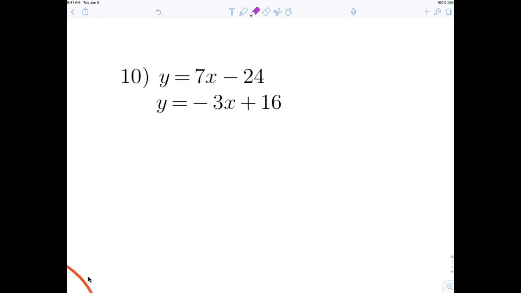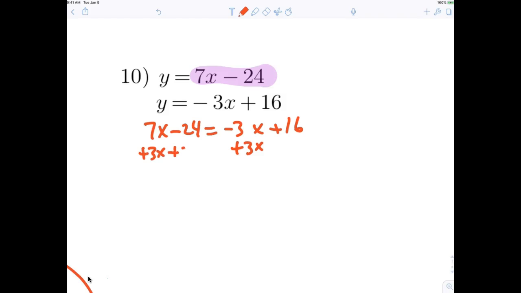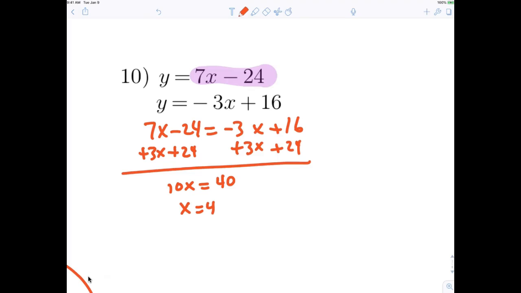Okay, again, wherever I see a y, I just put what? 7x minus 24 equals negative 3x plus 16. Adding 3x, adding 24, 10x is equal to, did anybody get x equals 4?